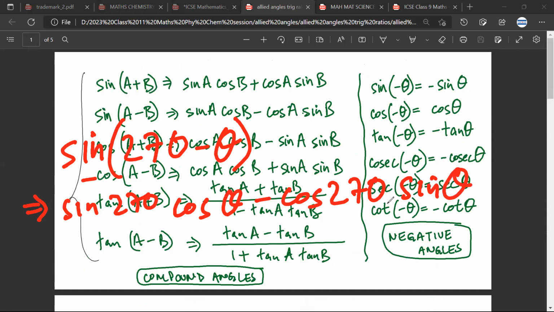Have you understood what I've said? Now the problem is, how do you find the value of sine 270 and how do you find the value of cos 270? Have you understood the problem?